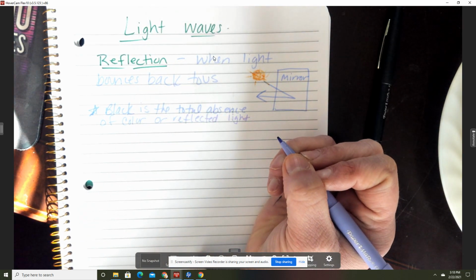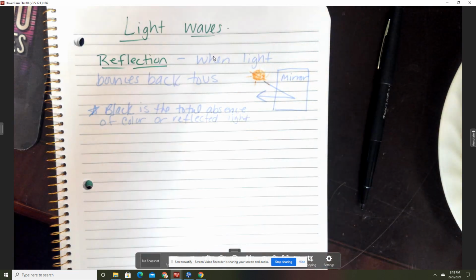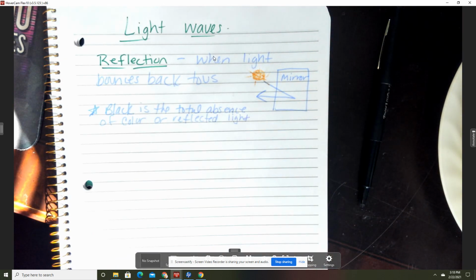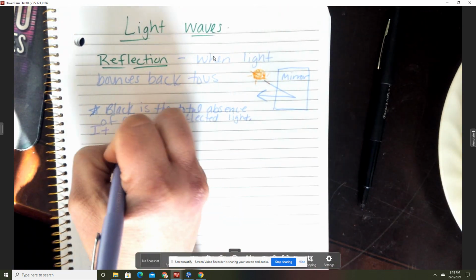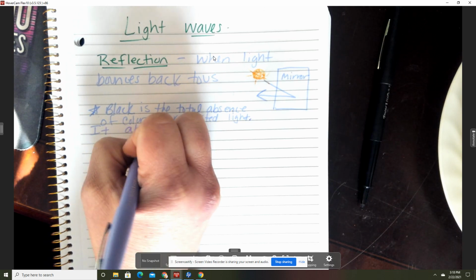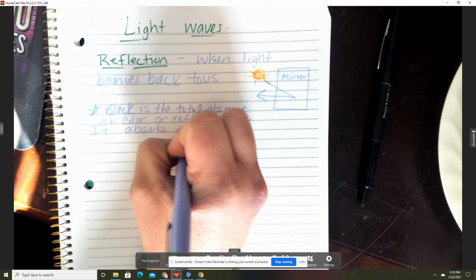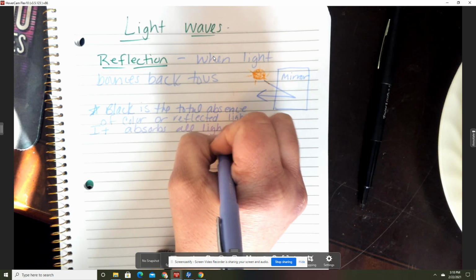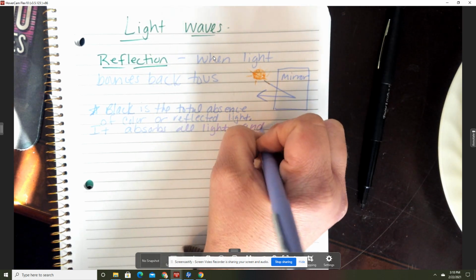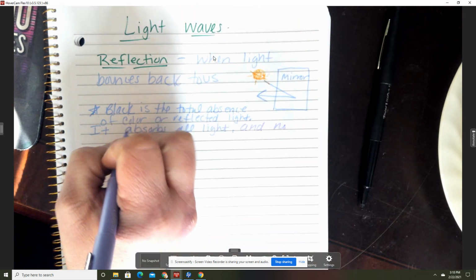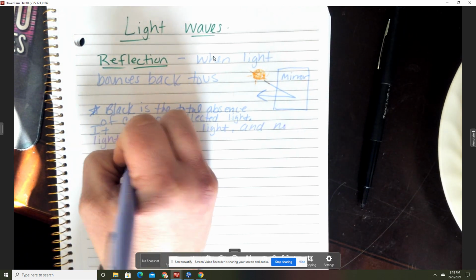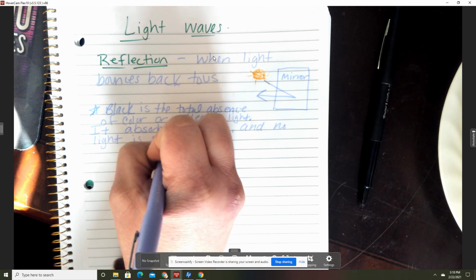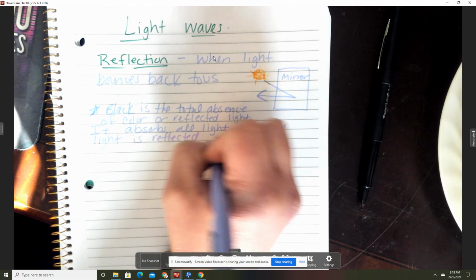It absorbs all of the visible light and no light is reflected back.